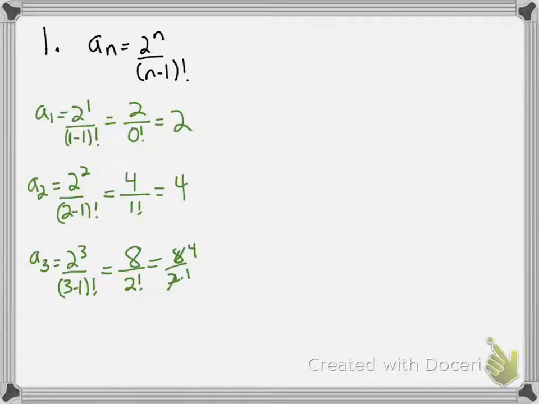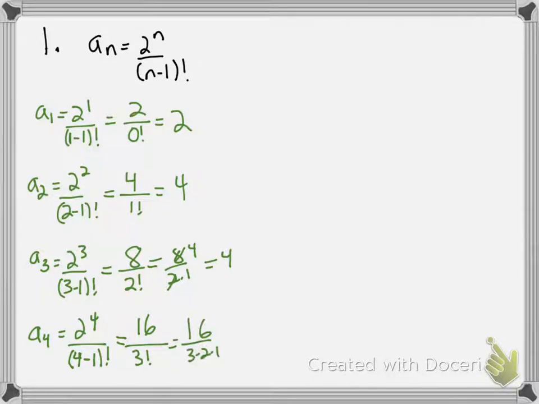And we see once again you get 4 here, because 2 goes into 8 4 times. And then a sub 4, which is 2 to the 4th power over 4 minus 1 factorial. 2 to the 4th, well, we know 2 to the 3rd is 8 times 2 is 16 over 3 factorial, which is 16 over 3 times 2 times 1.